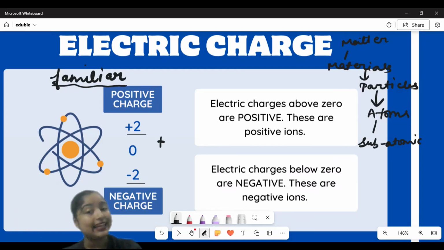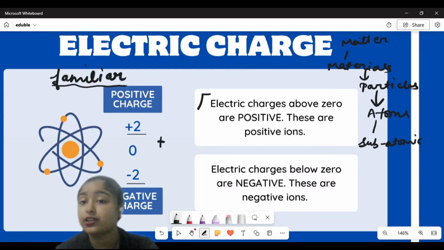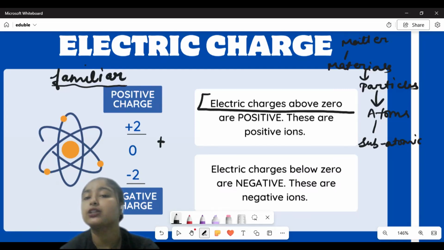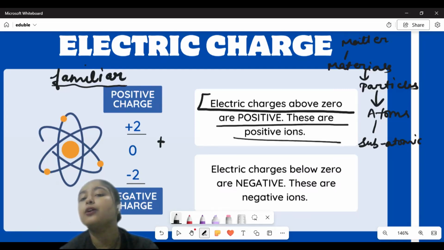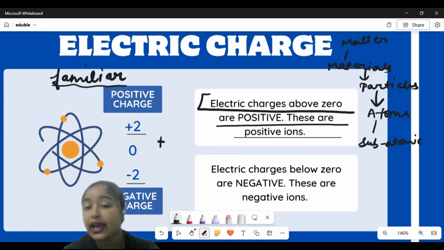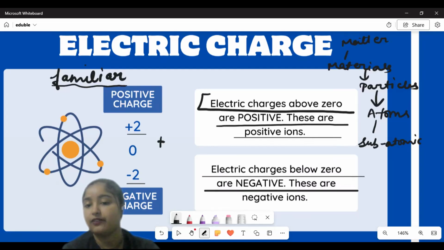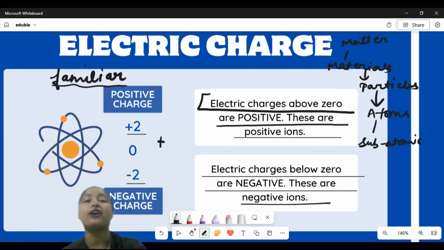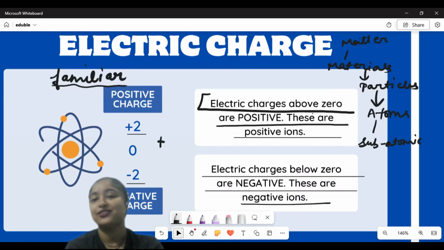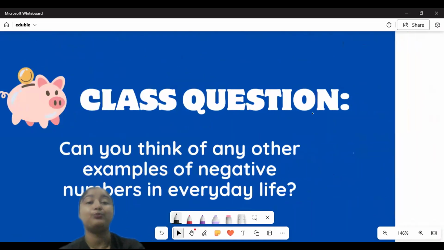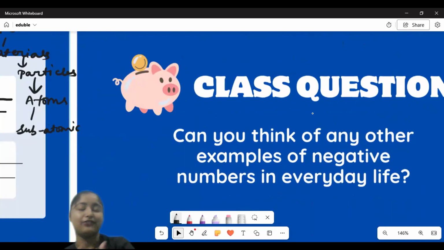If there is a negative charge, that would be represented by a negative number. So electric charges above zero are positive, and these are positive ions, whereas the electric charges below zero are negative, and these are the negative ions. Okay, so these were a few real life examples of the use of integers.